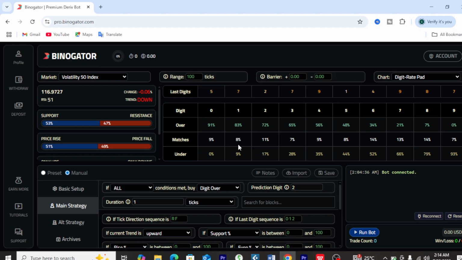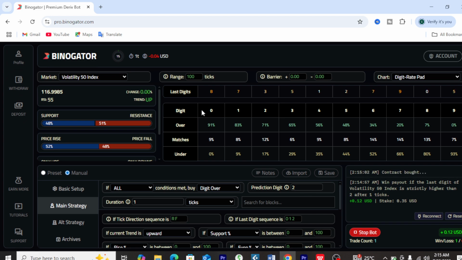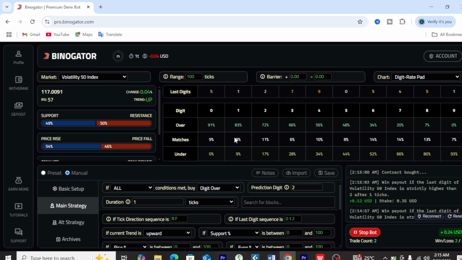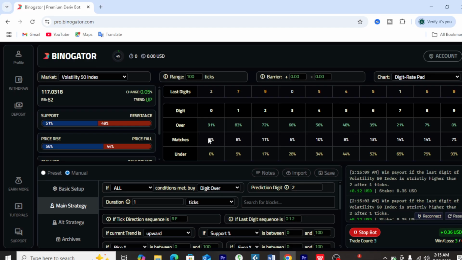So for this particular trade, if I run this block now, I'm going to set the duration to 1 tick, and then I run this bot now. We're going to see that it's going to win. It's going to be winning the trades, because as I'm running the trade, I'm looking at this particular box now, the matches.